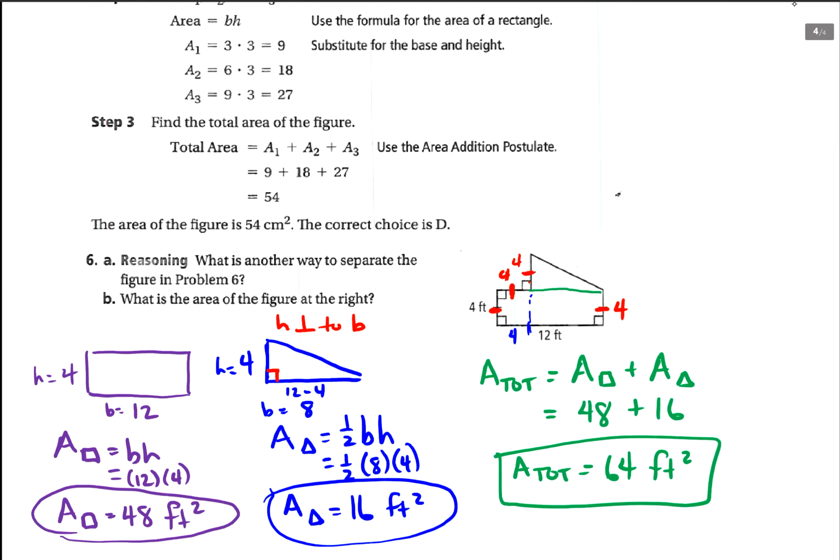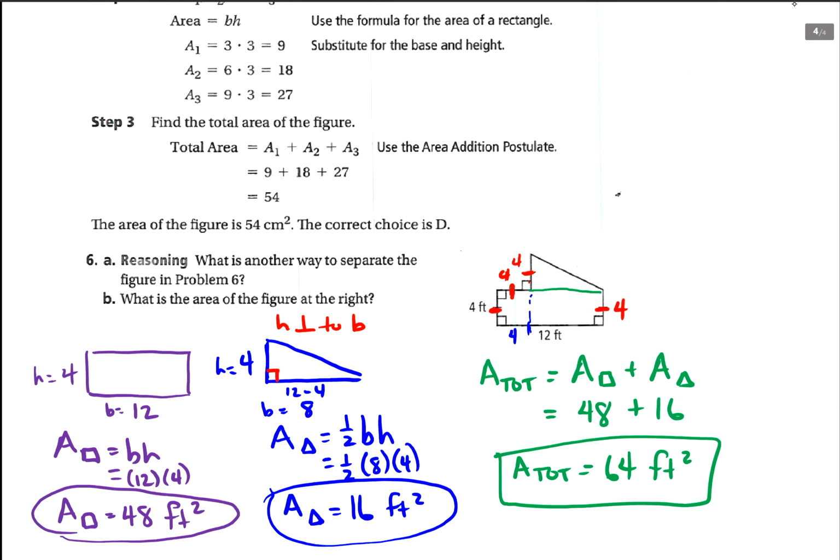Okay, we are given a non-regular figure here, and we want to know what the area of it is. So the first thing I noticed is all these little congruent marks. So I know that all of those measure 4 feet. So that's the first thing I labeled on there, 4 feet for all of my congruent segments.